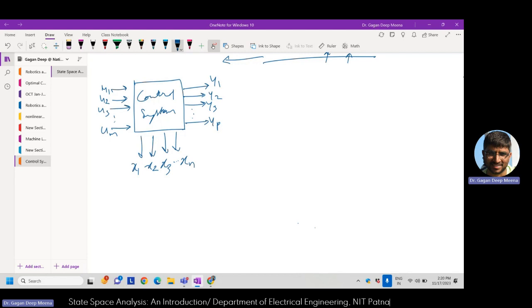So all of these three sets which I have made here will be sets of vectors. So this would be your input vector, and this would be your state vector. These will form the column vectors. This will be a straight column vector, the input vector, and the output vector is also a column vector. The state vector will be a combination of many different states.